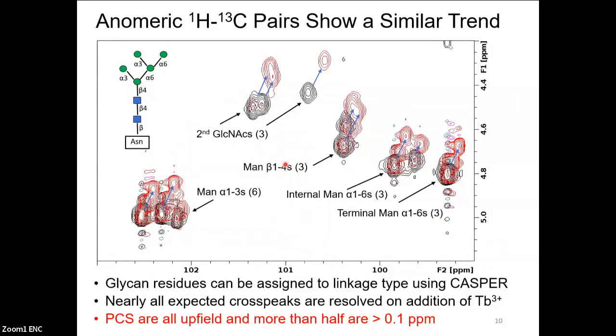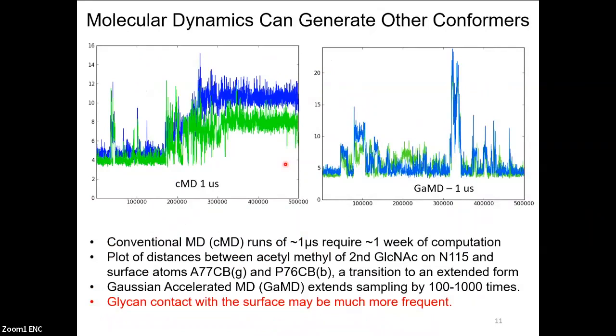You can actually classify and do partial assignment based on the results of the CASPER program from the Widmalm laboratory, and those are sort of labeled there. But again, lutetium versus terbium. We get almost total resolution of these in the terbium case. But again, you'll see the shifts by and large are fairly large and they're virtually all upfield. So that snapshot I showed you just doesn't quite make sense.